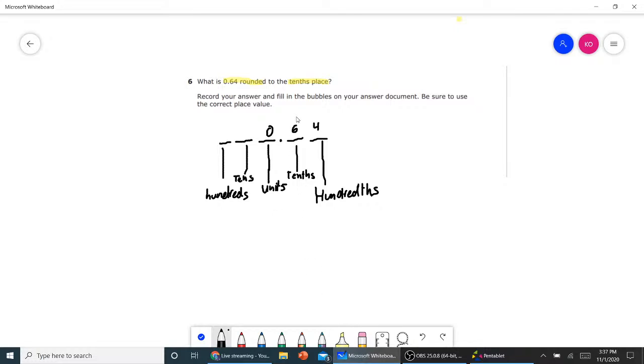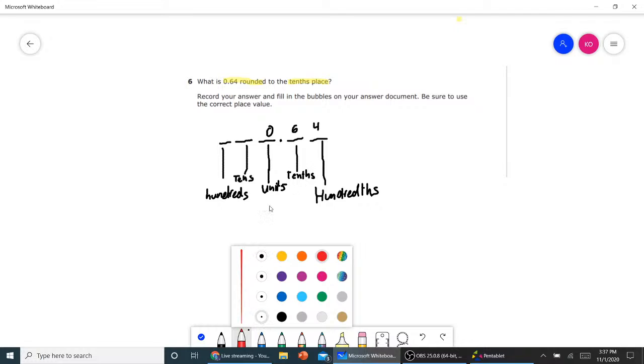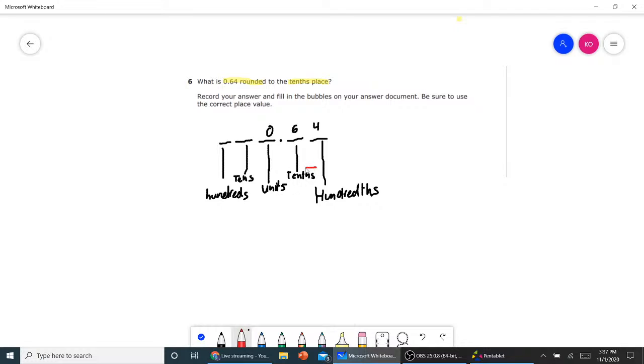So it is asking us to round this number to the 10th place, right here. So let's look at this number really quickly. 0.64.